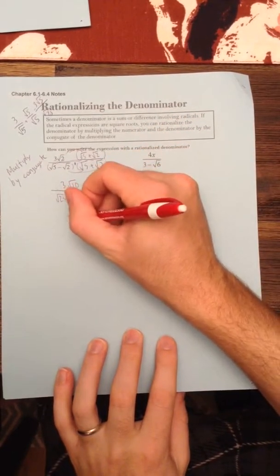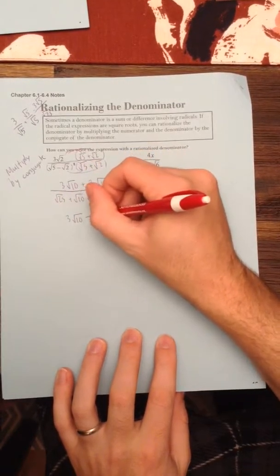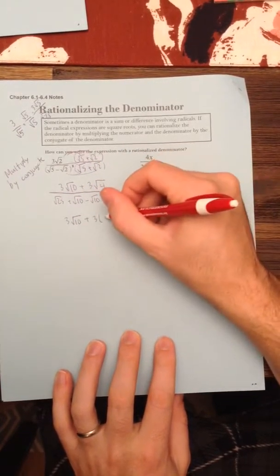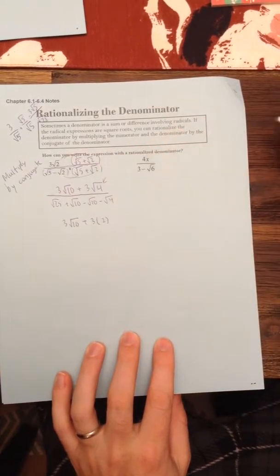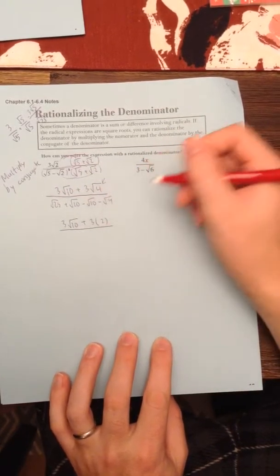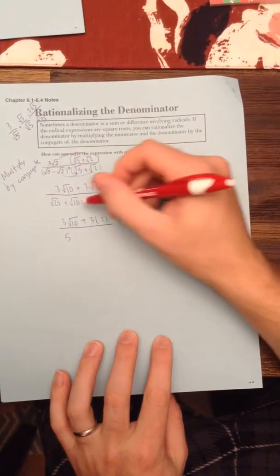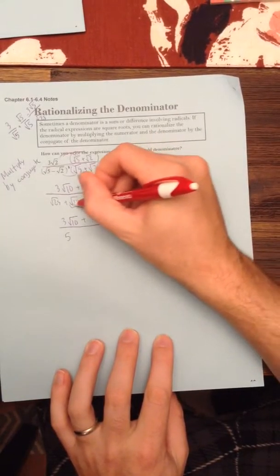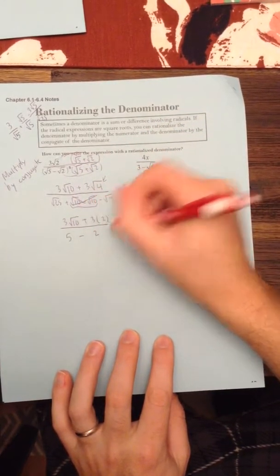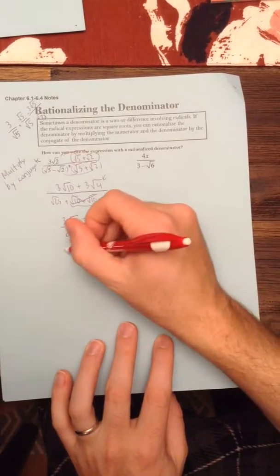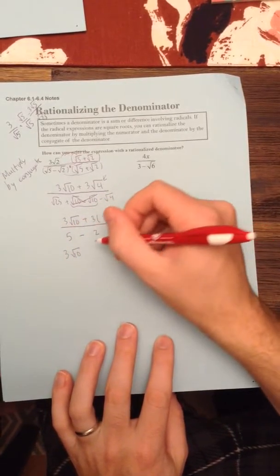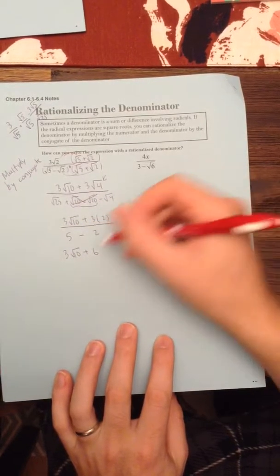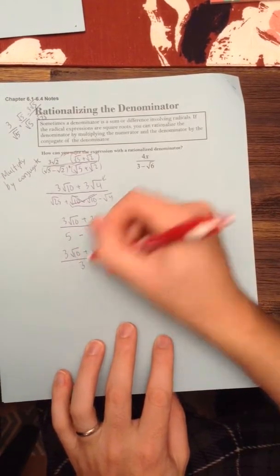So on the top, we just get 3 square root of 10 plus 3 times 2, because the square root of 4 is 2, divided by 5. Our square roots of 10 here cancel, and then minus 2. And as we continue to simplify, we get 3 square root of 10 plus 6 divided by 3.